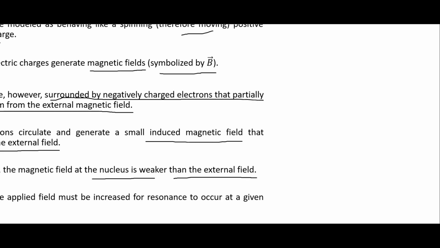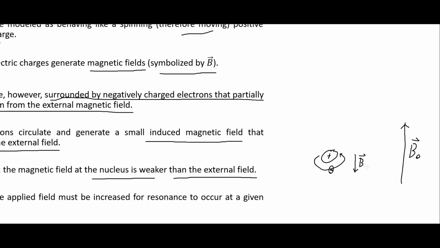What I'm saying essentially, and this is what I talked about in the previous video, is if we have our proton here, it's positively charged, and we are putting some magnetic field in, we can call this our B sub naught. If this was just a naked proton, it would feel the full B sub naught on it. But we also have an electron that is spinning around it, and that is a negatively charged particle, and that will actually produce a field that is in this direction.